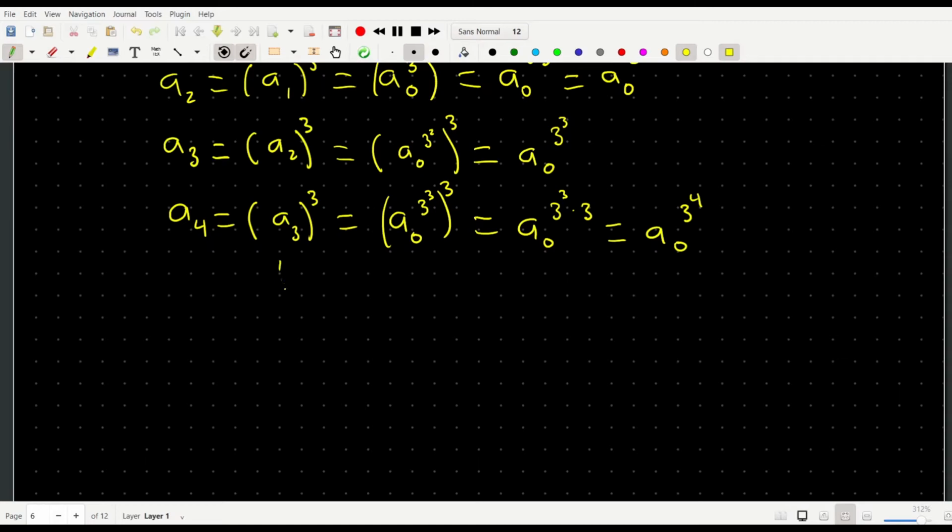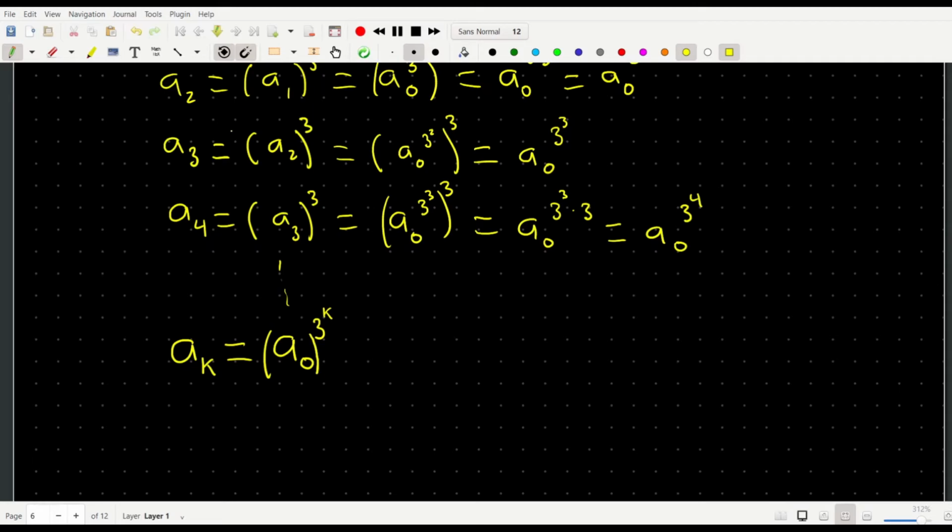And hopefully you're seeing the general pattern here. We have that a_k is going to be equal to a naught to the power 3 to the power k. Or if you want to put a parenthesis here, you can surround the a naught in a parenthesis just to be exact here.